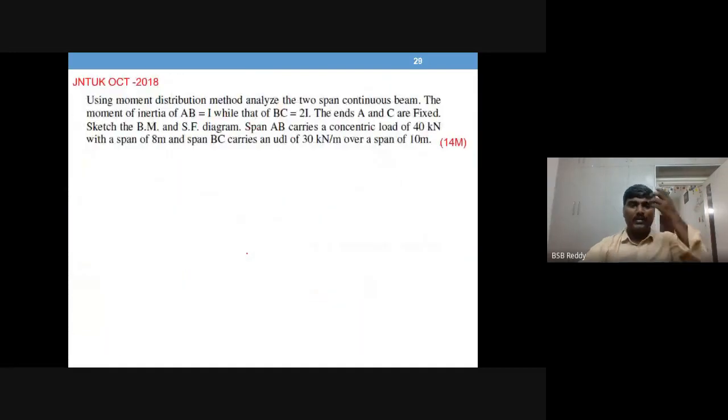Right, so try to solve this example, which is of October 18. Using moment distribution method, analyze two span continuous beam. The moment of inertia of AB is I, whereas BC moment of inertia is 2I, and A and C are fixed.